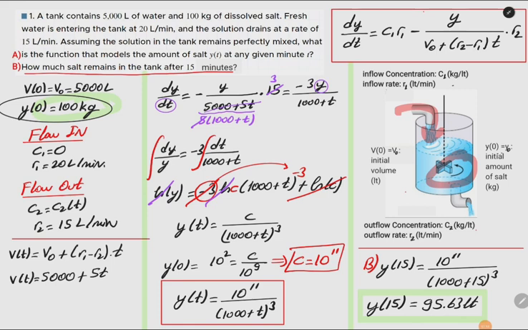I mean, fresh water is entering the tank, which means that the inflow process does not contribute to an increase of y(t), and the initial amount of 100 kilograms of salt is slowly removed from the tank, and after 15 minutes it makes sense that it decreases to 95.63 kilograms. And that's all for this problem.